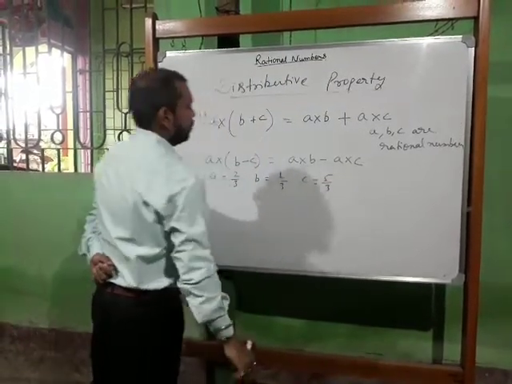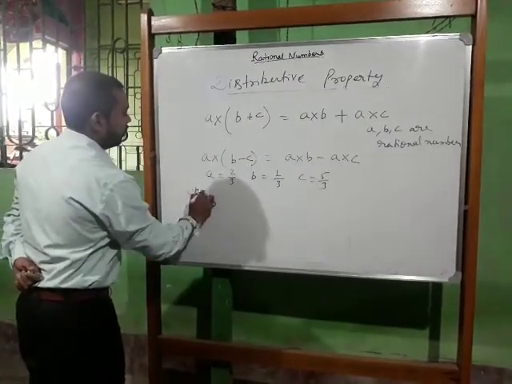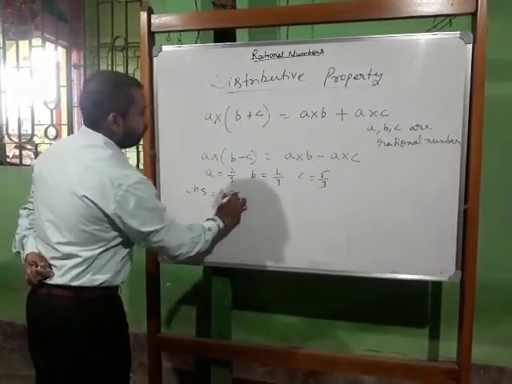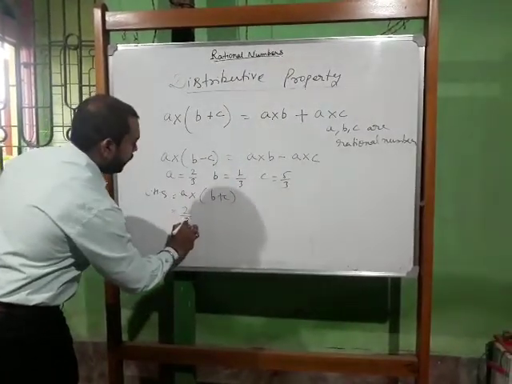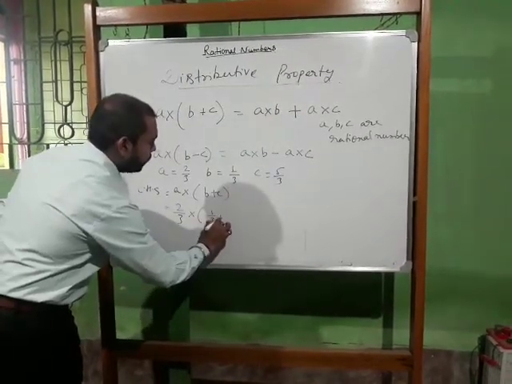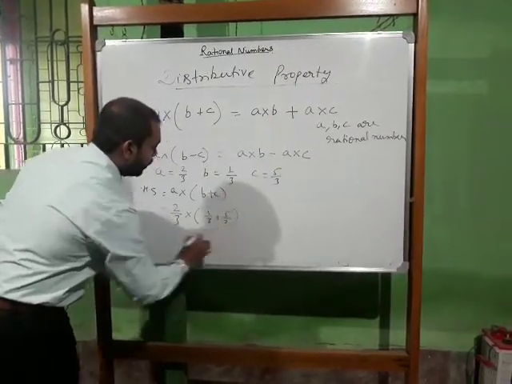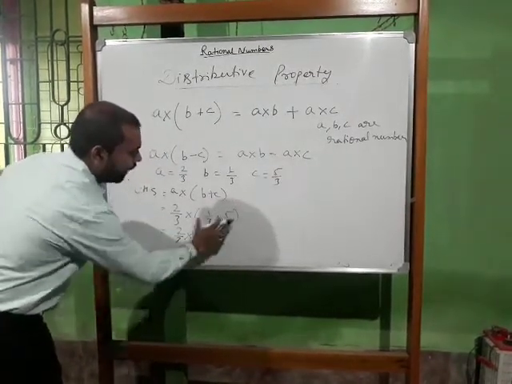Okay, so you take the LHS, A into (B plus C). So the value of A is 2 by 3 into (B plus C), which is 1 by 3 plus 5 by 3. Now 2 by 3 into, at first we will do the first bracket work.